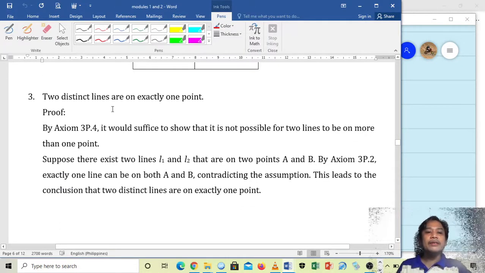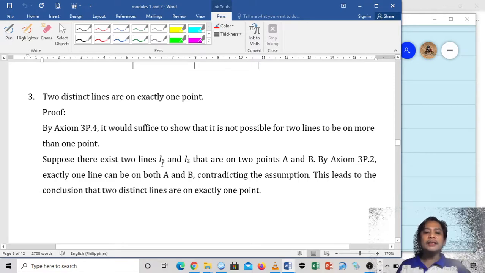Next, we have a theorem stating that 2 distinct lines are on exactly 1 point. So by axiom 4, it would suffice to show that it is not possible for 2 lines to be on more than 1 point. 2 lines are on exactly 1 point, meaning there can only be 1 intersection.